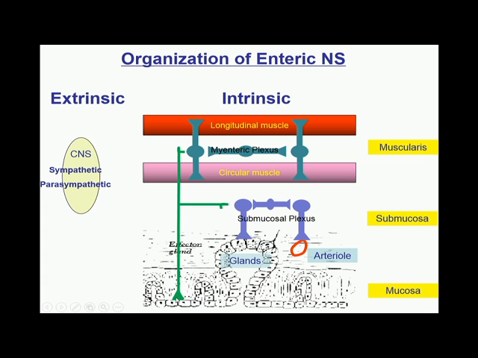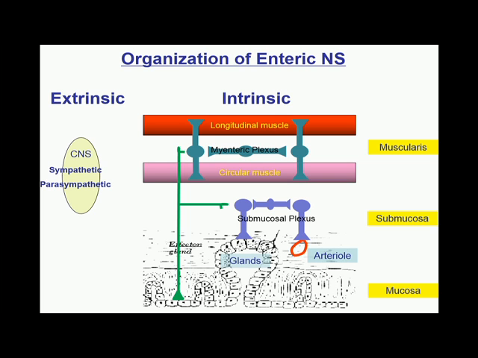These sensory neurons will sense that and then feed back into the submucosal plexus to secrete intestinal secretions. And also it can feed into the myenteric plexus so that the muscles contract to propel the food. So that way the GIT can function on its own. When the food comes, it secretes and propels. That's all what you need.